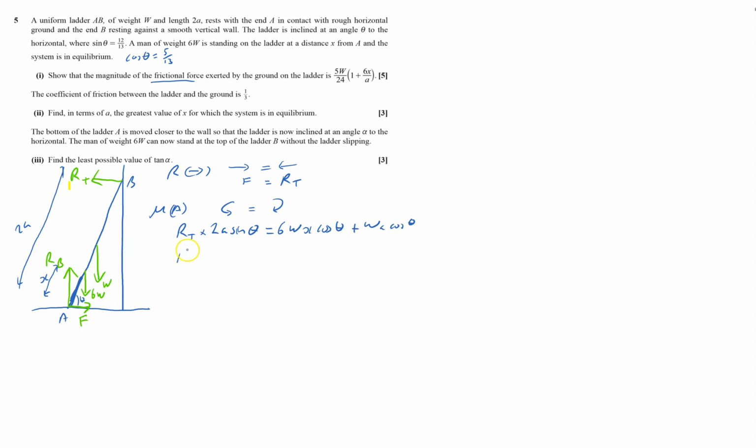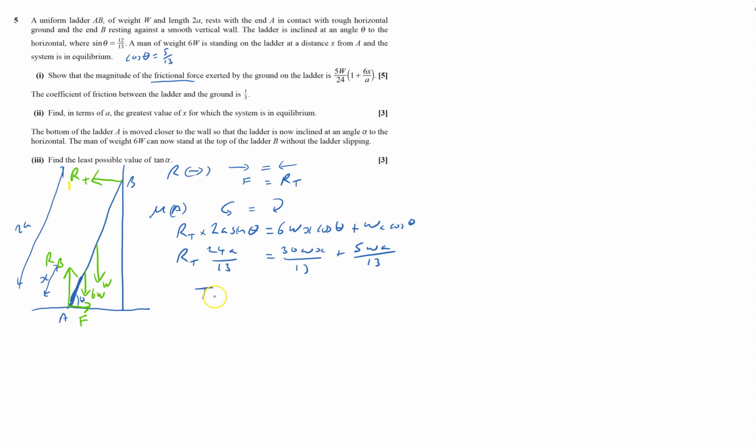And so RT times by 2A times by sine theta, which is 12/13, so that'll be 24A over 13. That equals, cos theta is 5/13, so that will be 30WX over 13 plus 5WA over 13.